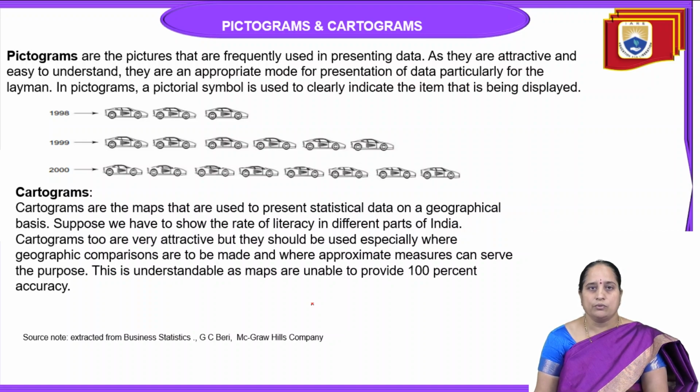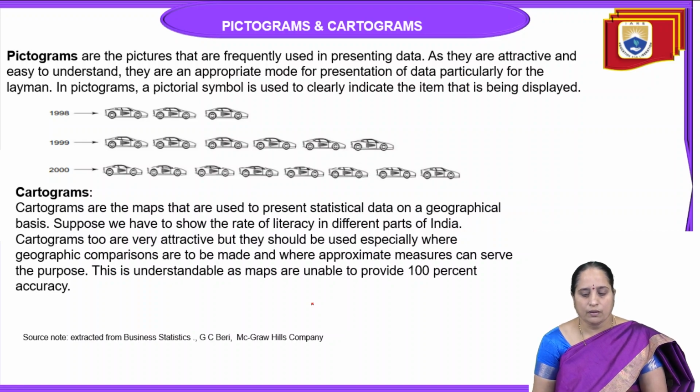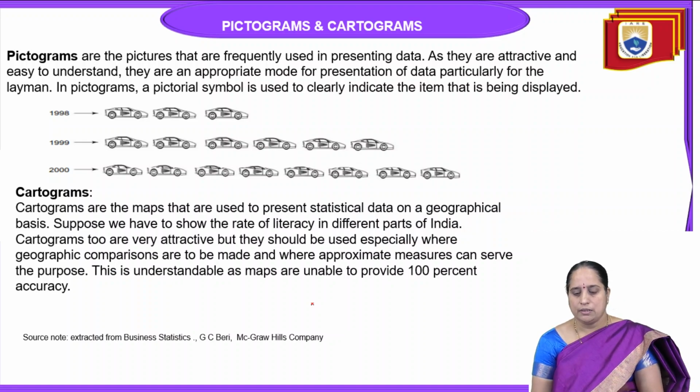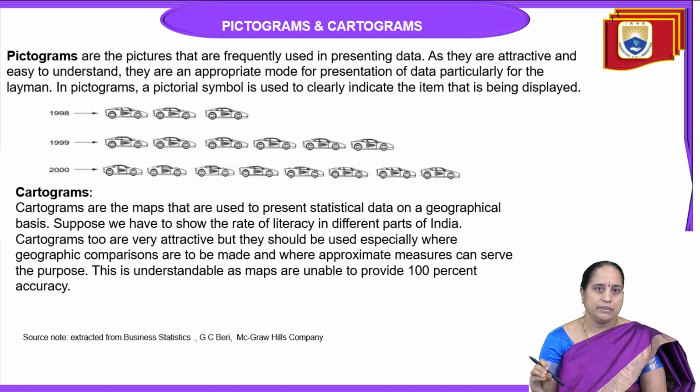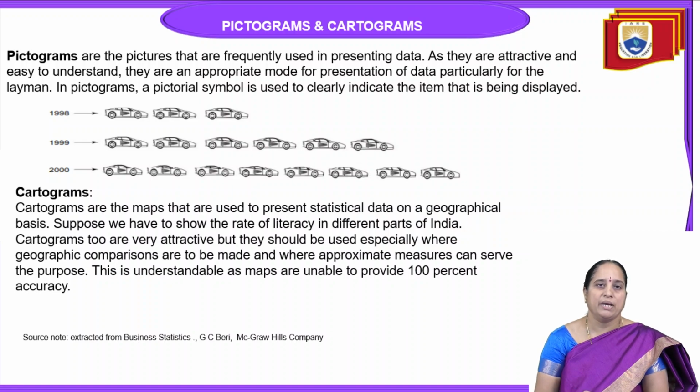Whereas coming to cartograms, cartograms are used to present statistical data within geographical limits. So suppose we have to show the rate of literacy in different parts of India. Even if you want to highlight the water bodies that are available in India, that can be shown by using maps.